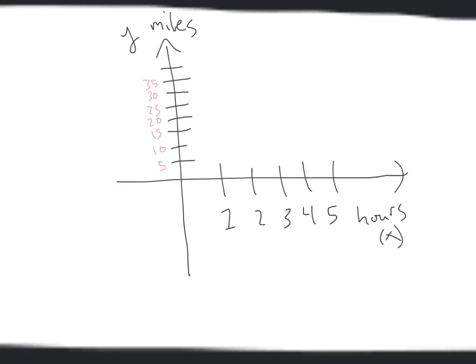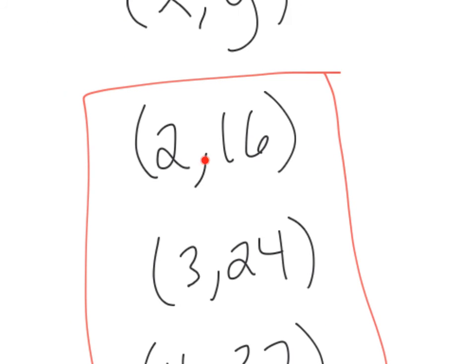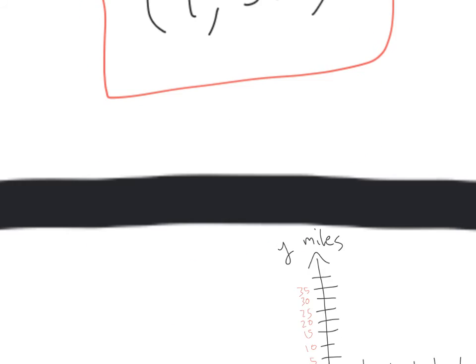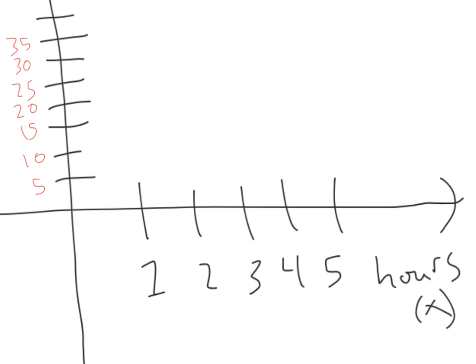So the first point was 2, 16. So let's go ahead and graph that. We go over 2, start in the middle, go over 2, 1, 2, and up 16, which is just a little bit above that 15. So if we're close, that's fine. So maybe right about there would be 2, 16.